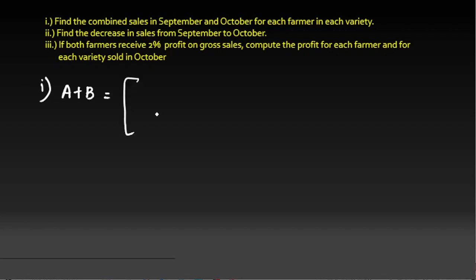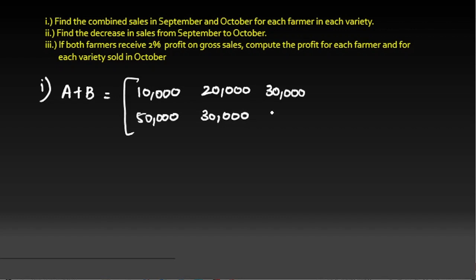First I am writing your A value. Your A is 10,000, 50,000, and 20,000, 30,000, 30,000, and 10,000.